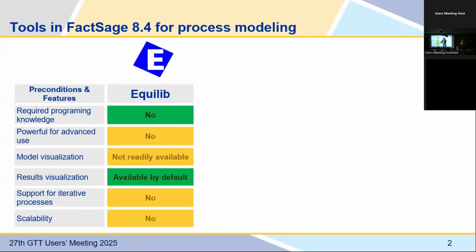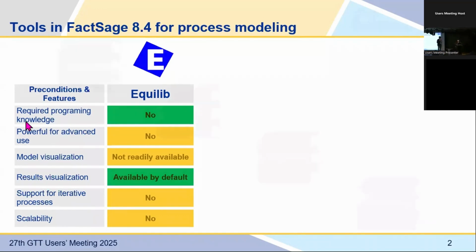Model visualization is not really for process modeling anyway. This is for calculating equilibria in single positions. So of course, there's also no model visualization. Support for iterative processes is partly there, but not at the same level as you will see today. And also scalability is not really given.